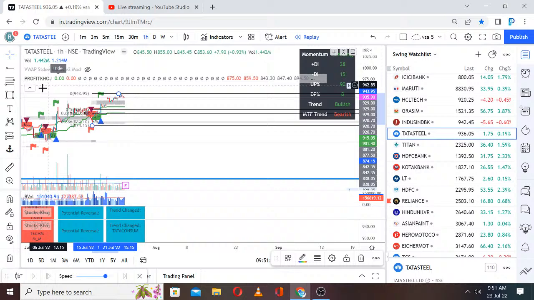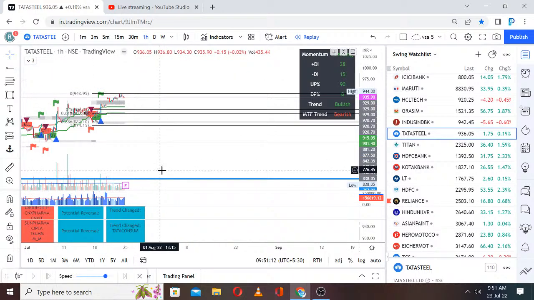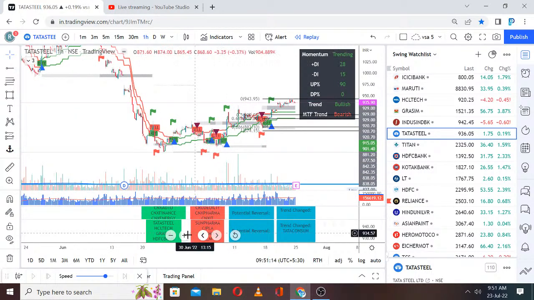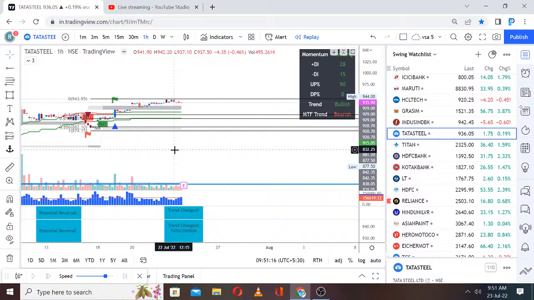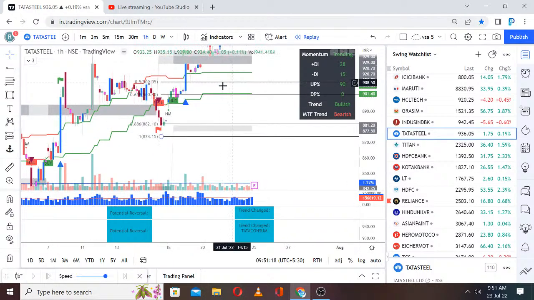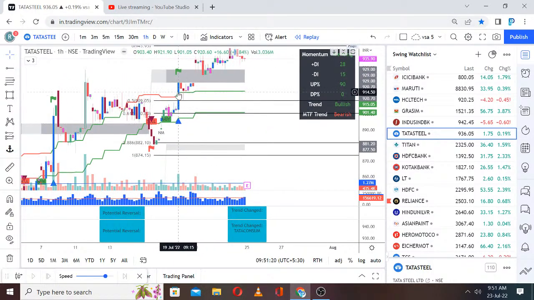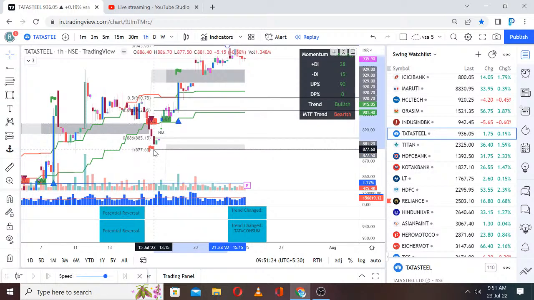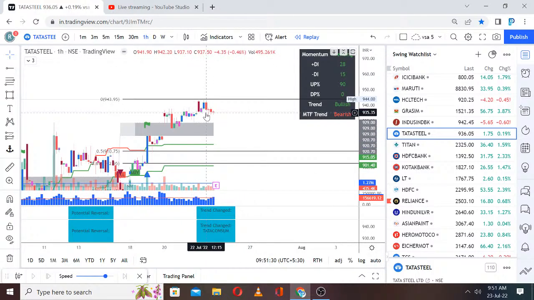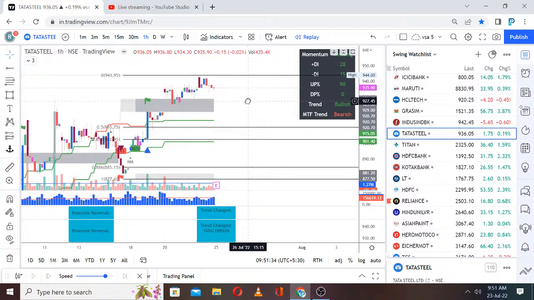Let's say in Profitkhoj indicator, you see once a blue arrow is formed, check out the low before the blue arrow, right? And the high after the blue arrow. So this might help you to mark the fifth zone.